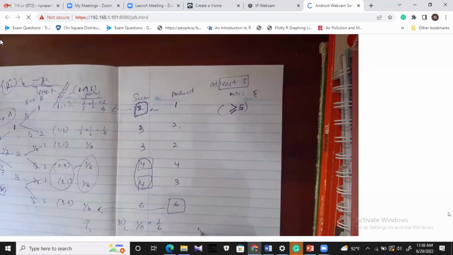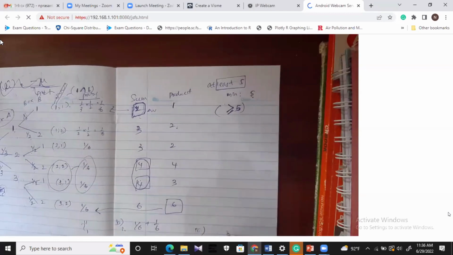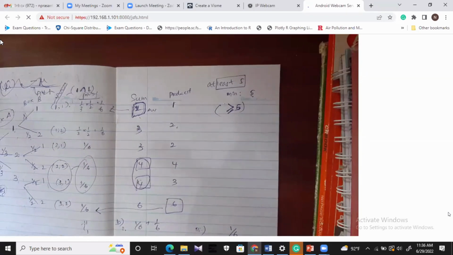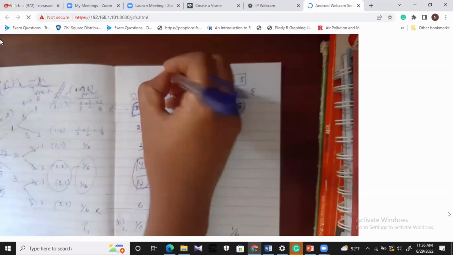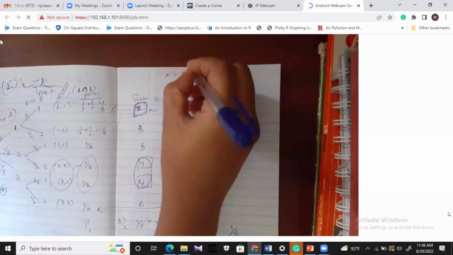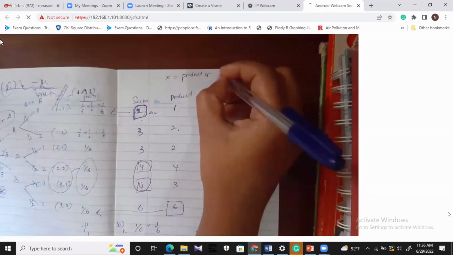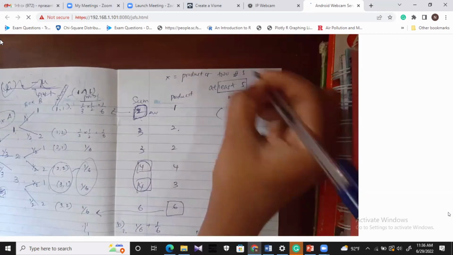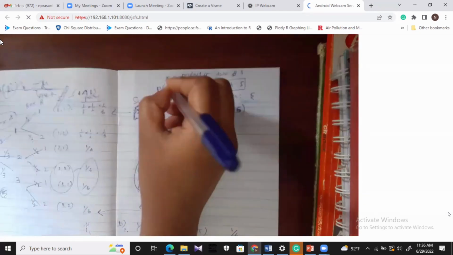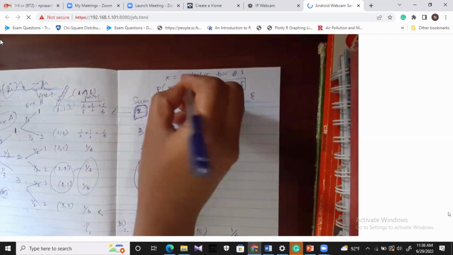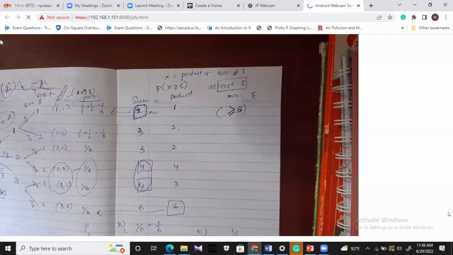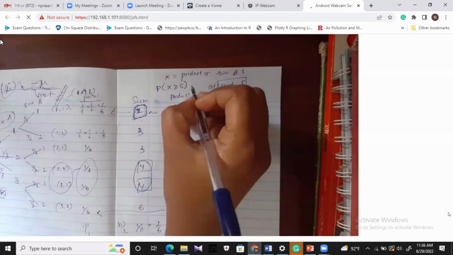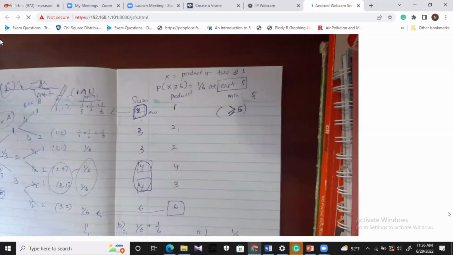Therefore, the answer for part 3 must be 1/6. Or if you name the product of those two numbers as x, here you are asked the probability of x greater than or equal to 5. Understand? So that is equal to 1/6.